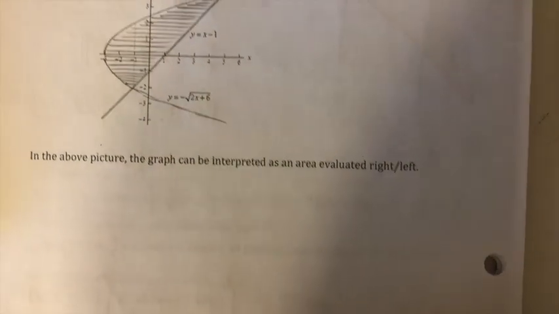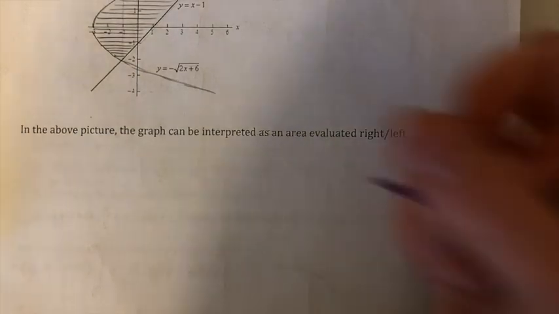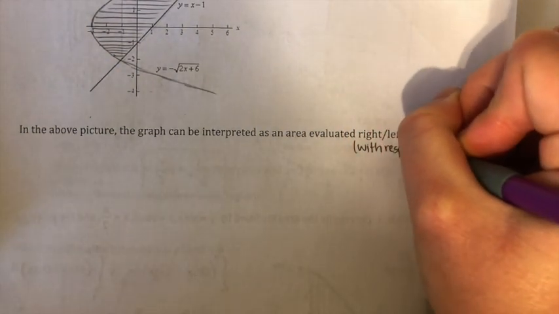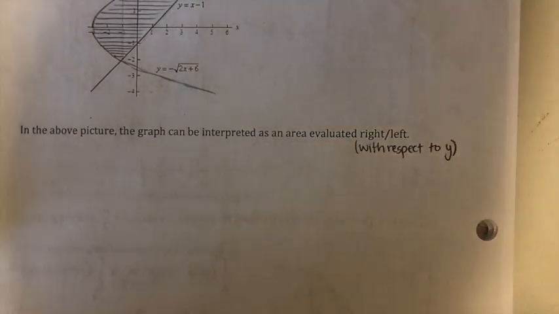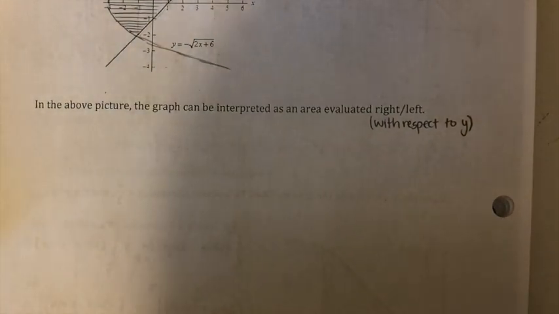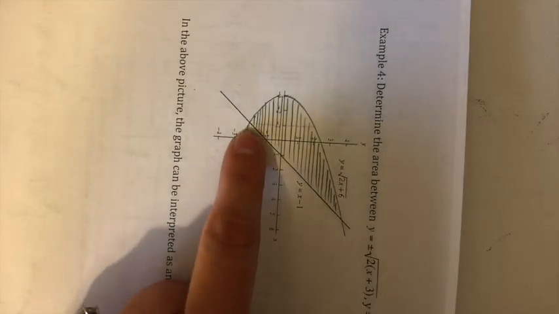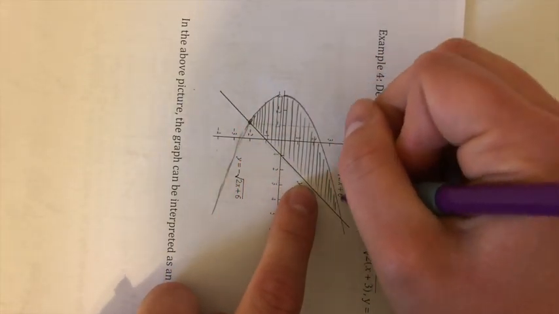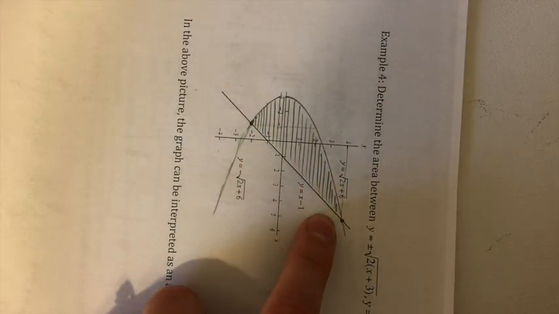Okay, so we want to do this with respect to y. So y is our variable that we're integrating with instead of with respect to x. And we're going to do it from y equals -2, where that intersect is, to y equals +4, where that intersect is.